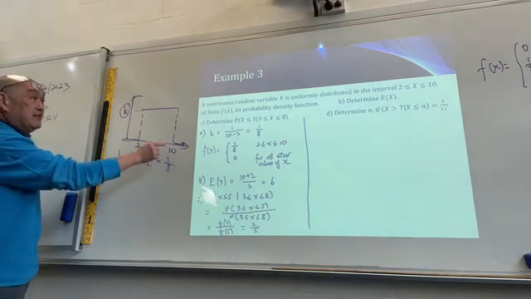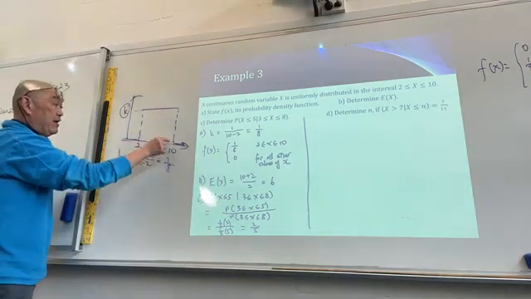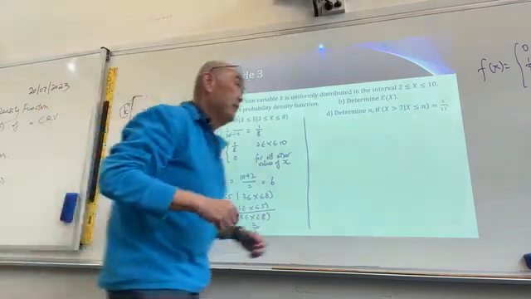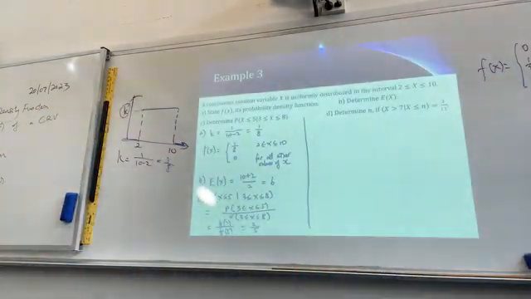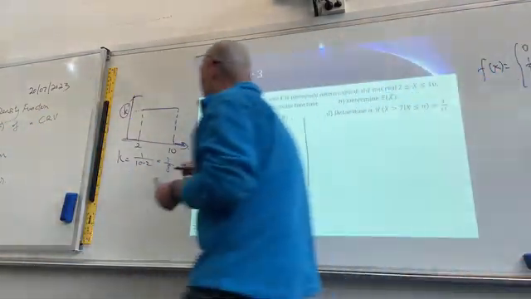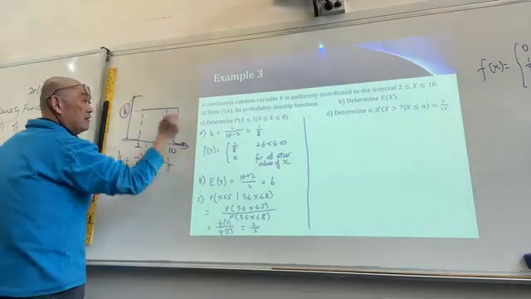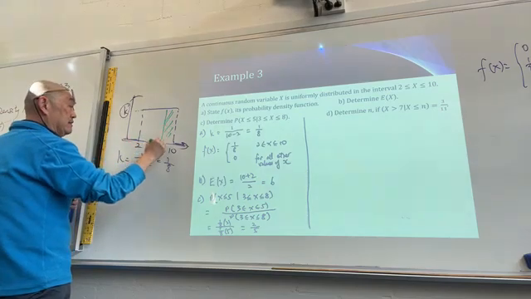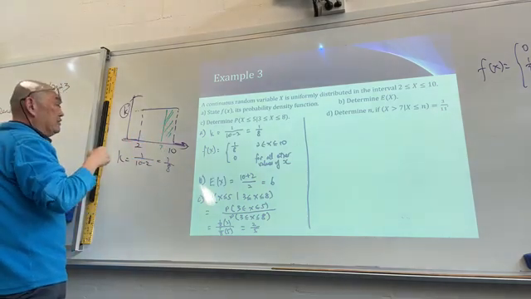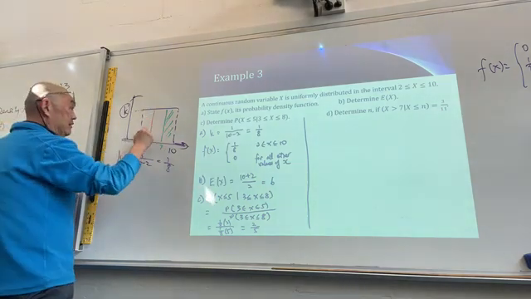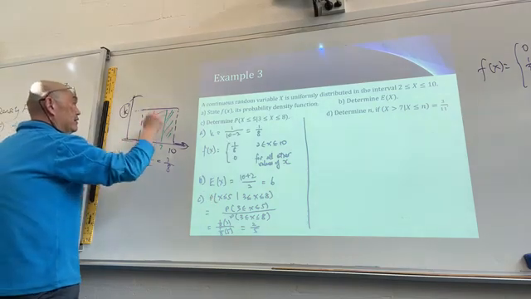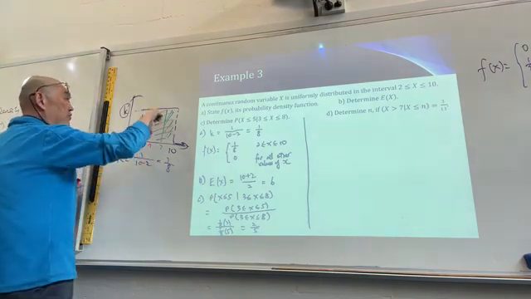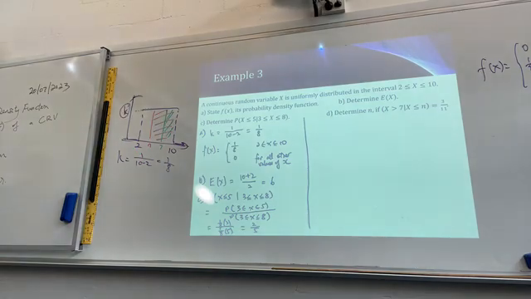Alright, so it's greater than 7. It's somewhere here. Let me show you. If it is greater than 7, and you know that the upper limit is 10, this is 7, and this would be n. That over that is 3 over 11.